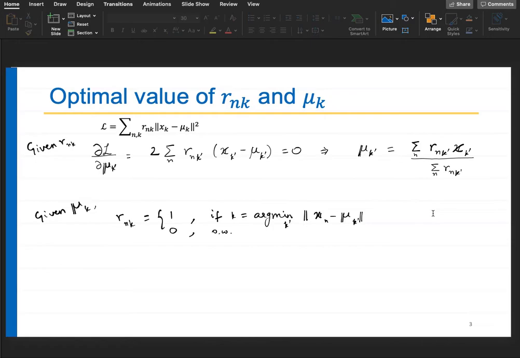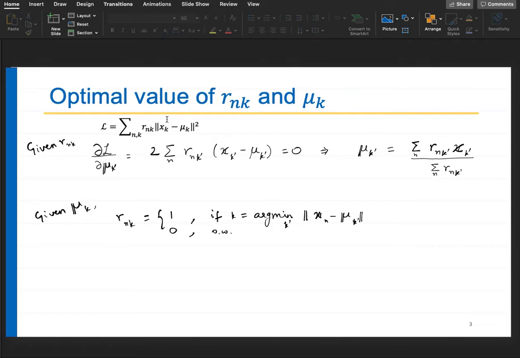Now, this is the model, how do you find the optimal values of parameters, what are the parameters? The parameters are the cluster centers, the mu's, and the cluster assignment function, the Rnk, right? Which sample belongs to which cluster. These are the two parameters. Now, if you look at this loss function, we cannot optimize both together, so we'll do it step by step.